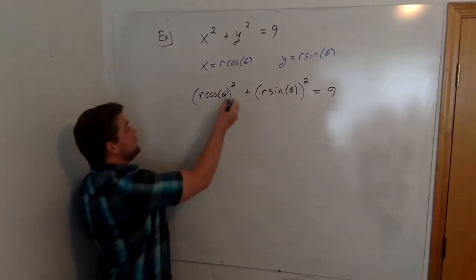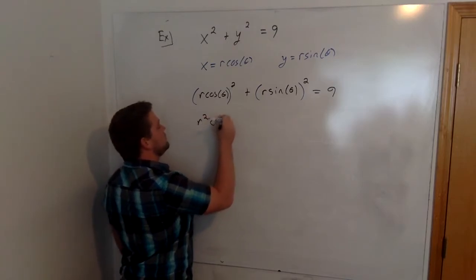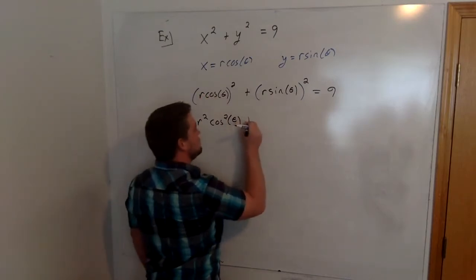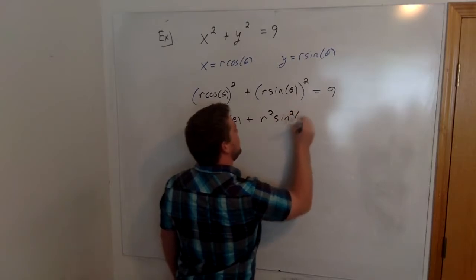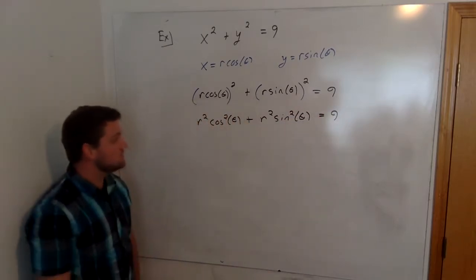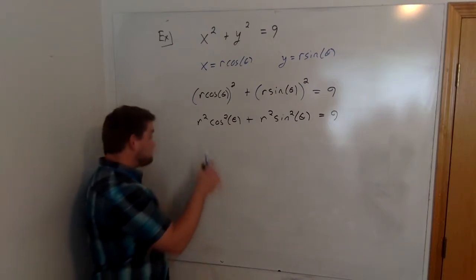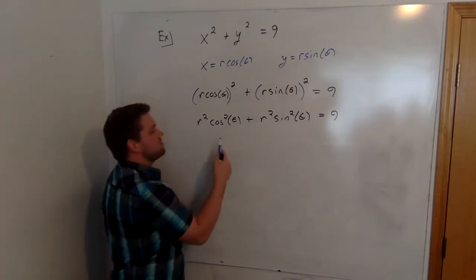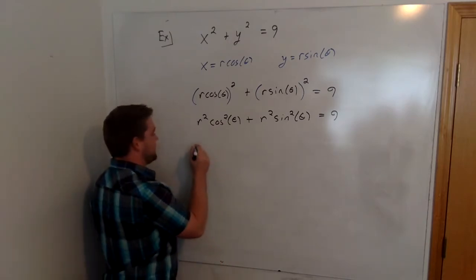Well, when we square this, we're going to get r squared times cosine squared, since exponents distribute through multiplication, plus r squared times sine squared of theta, and that'll all still be equal to 9. Let's go ahead and clean this up a little bit. Both these terms have a common factor of r squared, so we can factor that out.